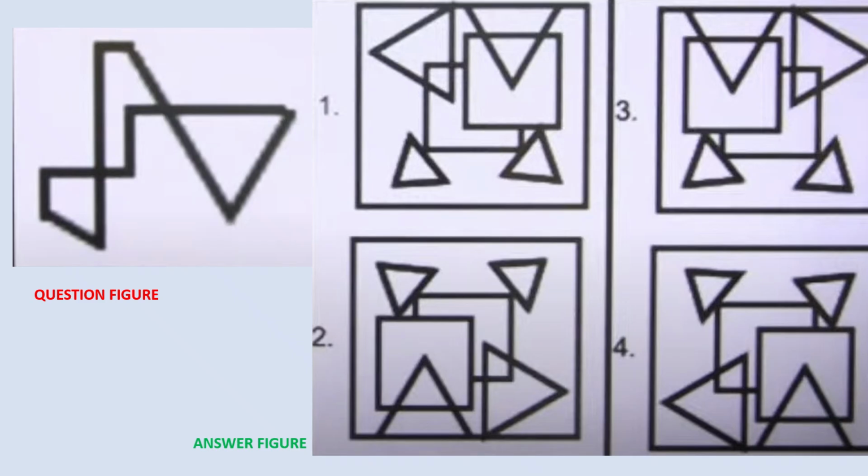So see, the question figure is like this. If you check in the first figure properly, rotation is not allowed, so whatever the image is, in that way only you need to find it. Here it is in this direction. In option A also you can find it.